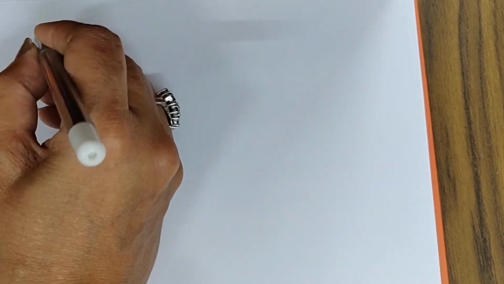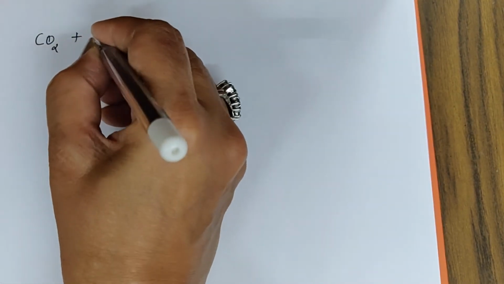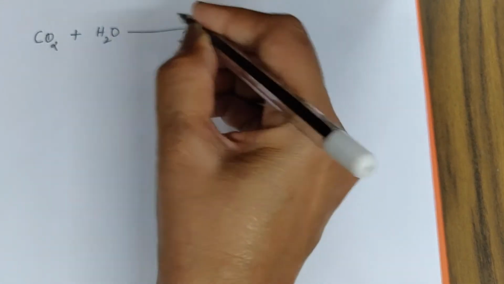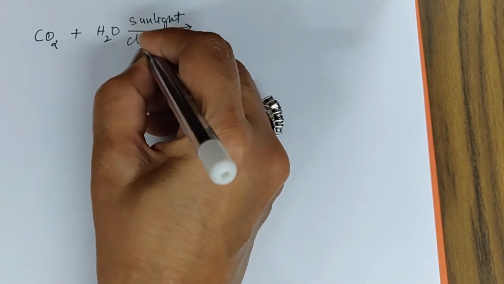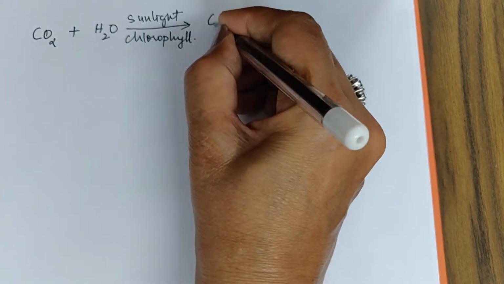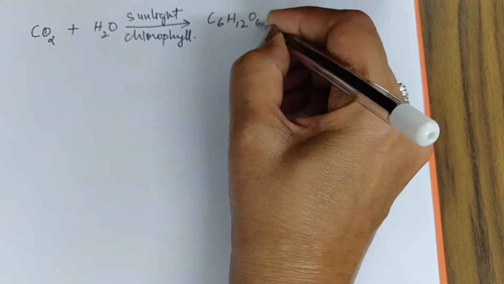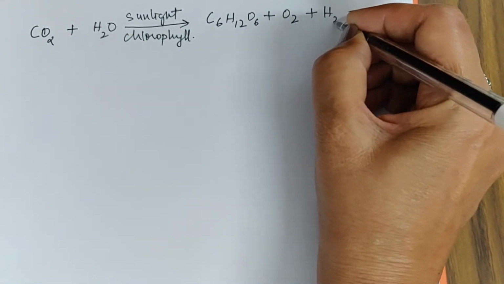They take in simple substances like carbon dioxide and water, and in the presence of sunlight, because they have chlorophyll, they convert it into carbohydrate, that is C6H12O6, plus oxygen plus water, H2O.